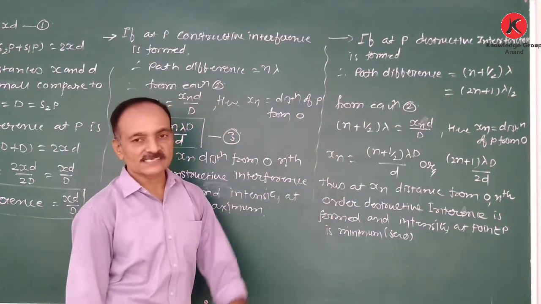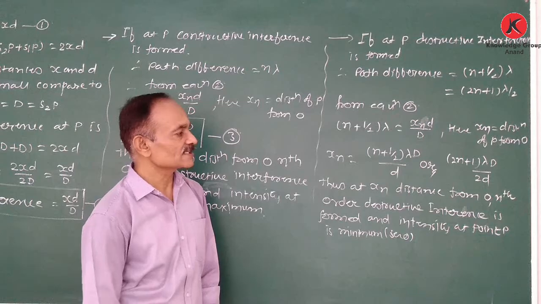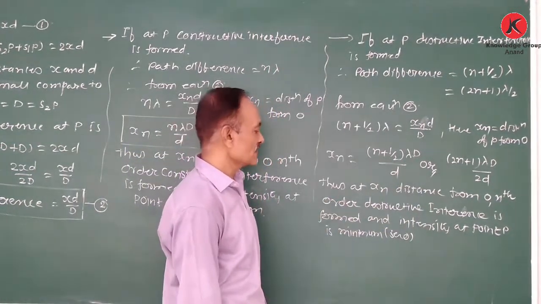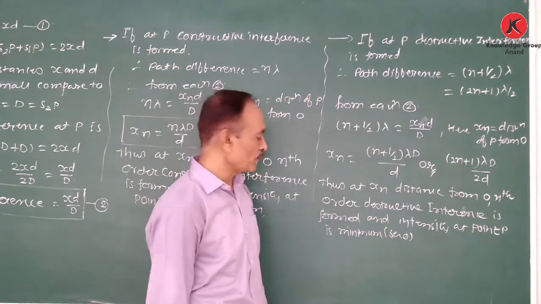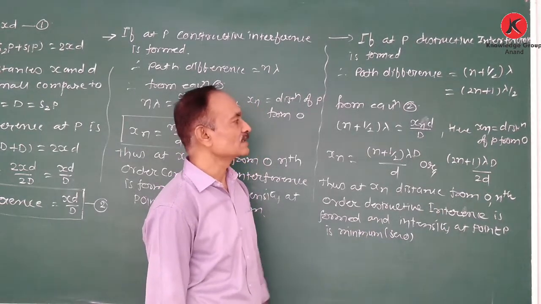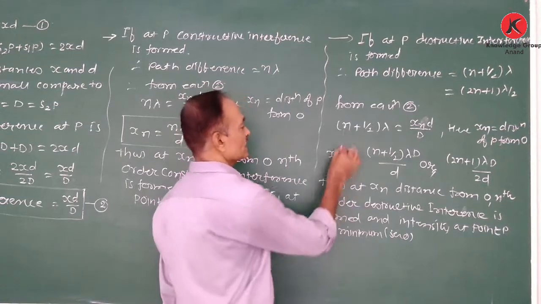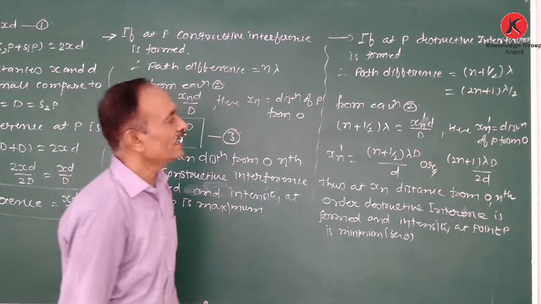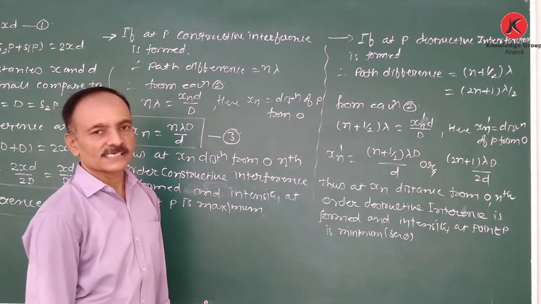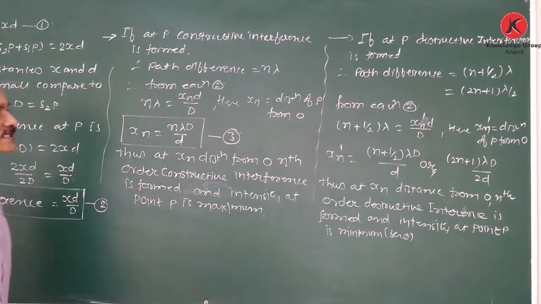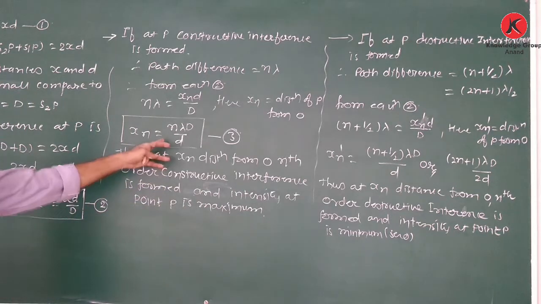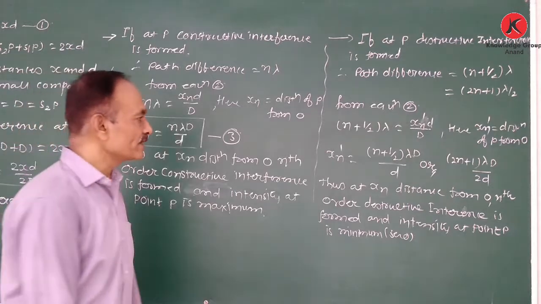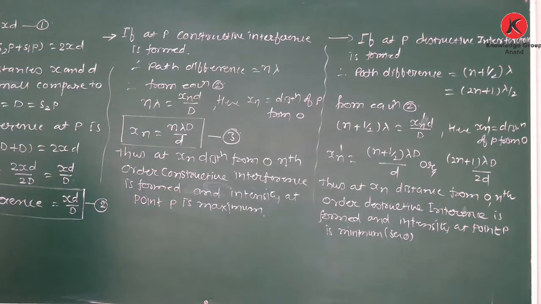Thus at xn distance from O, the nth order destructive interference is formed and the intensity at point P is minimum or 0. Clear this? Okay. So that is Young's double slit experiment and the equation of the path difference in terms of small x, small d and capital D.